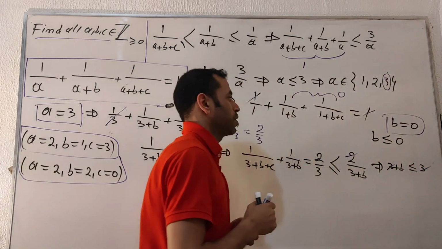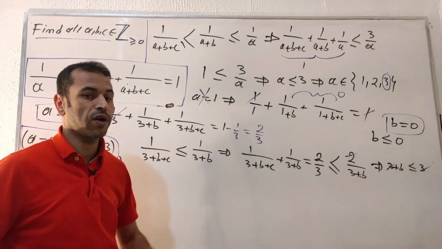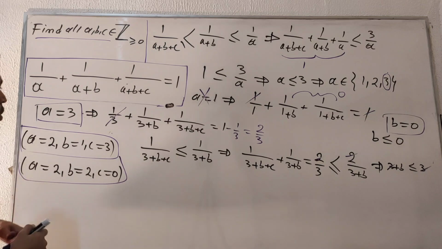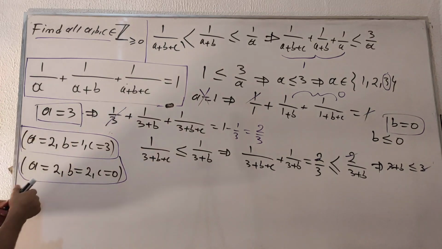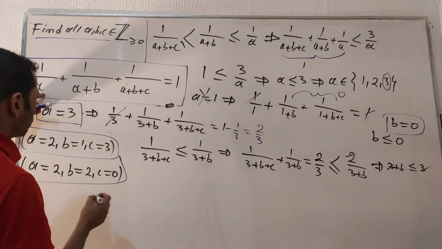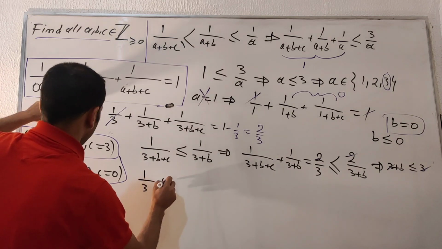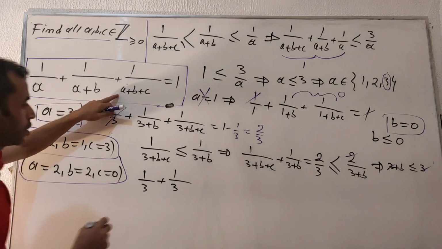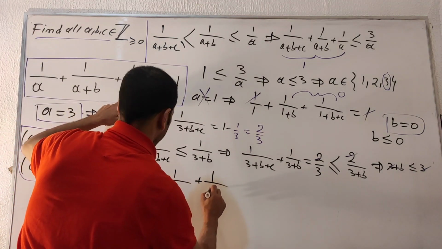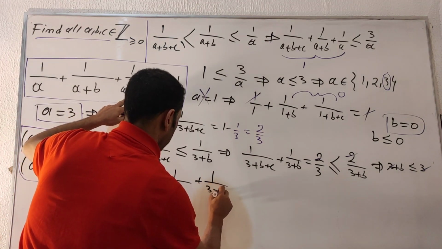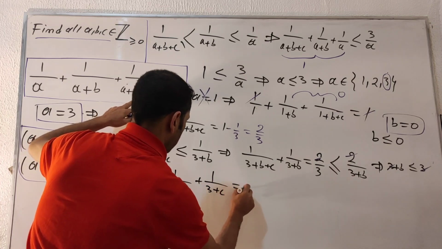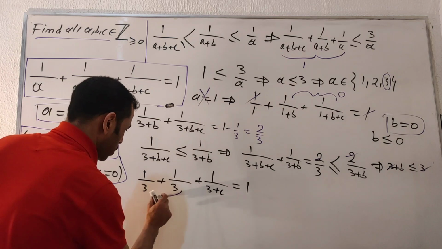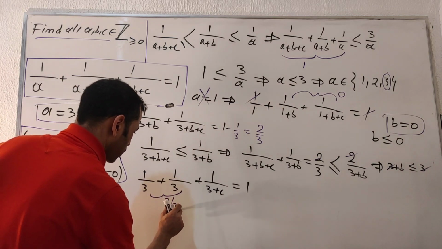I'm going to take advantage of this value of b and insert it back into the original setup, considering a equals 3 as well. So I get here 1 over 3 plus 1 over 3, of course b will be replaced with 0 here, plus 1 over 3 plus c, which equals 1. Okay, so 1 over 3 plus 1 over 3 clearly is giving us 2 over 3.